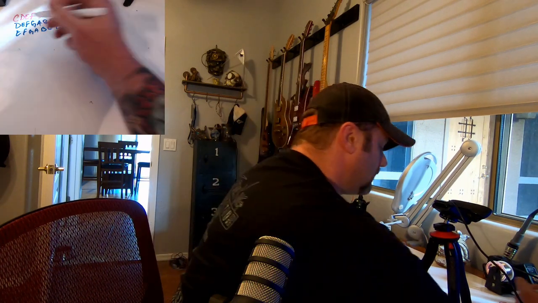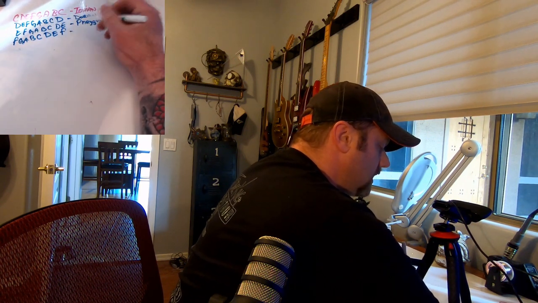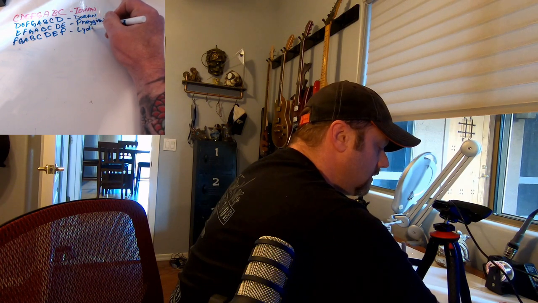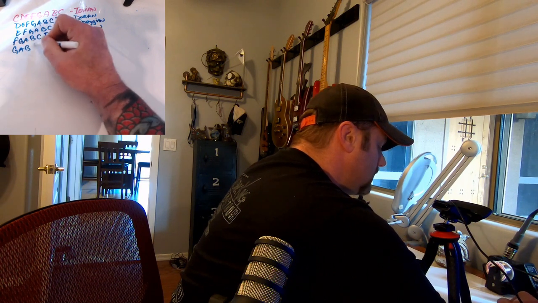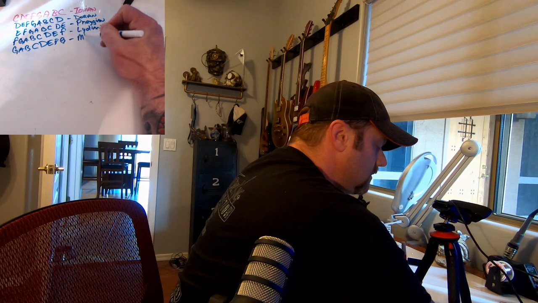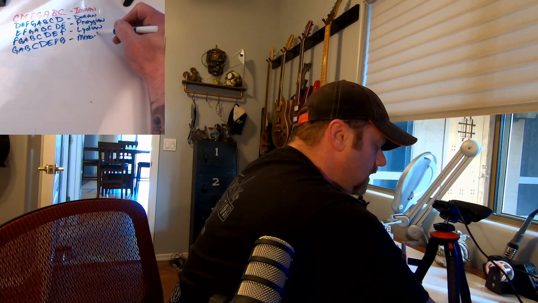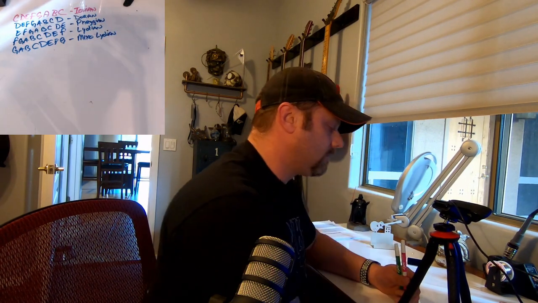Okay? Gonna keep going. F, G, A, B, C, D, E, F is Lydian. G, A, B, C, D, E, F, G is Mixolydian. Right?